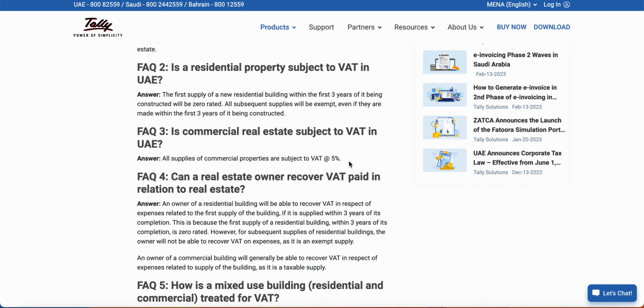So, definitely, when you are dealing in commercial properties, then you may have to consider that if you are reaching that limit, or what kind of business you are doing. Either you are a trader of property, or you are a builder developer, first time sale, or you're making subsequent sales.